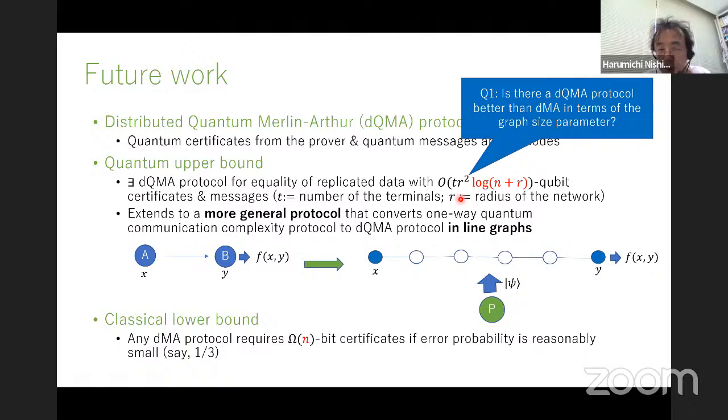In that case, the graph size parameter is very important. So it would be very nice if you can find a quantum Merlin-Arthur protocol better than the classical case in terms of the graph size parameter.